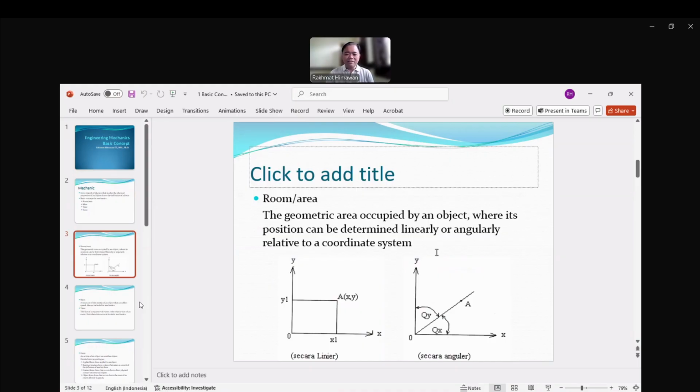y axis, and this one can be in this direction like you see in the PPT, or it could be tilted. It depends on you. Just like when you learn about engineering drawing, the x and y is you're the one who defines it, right?